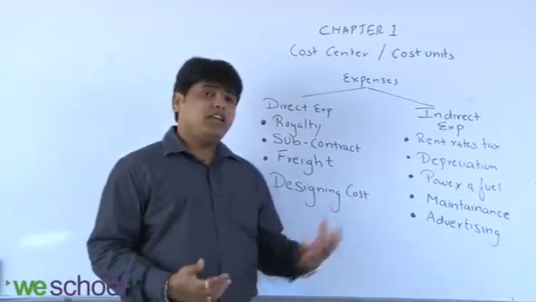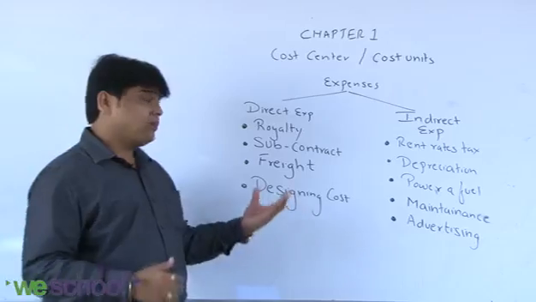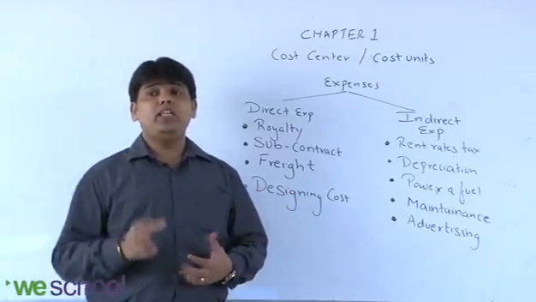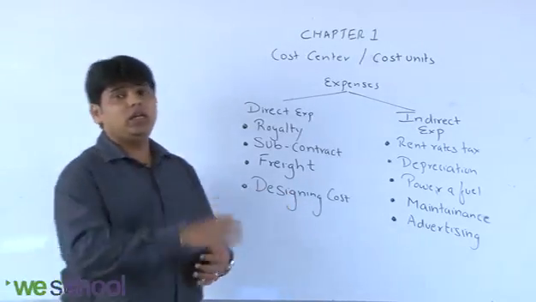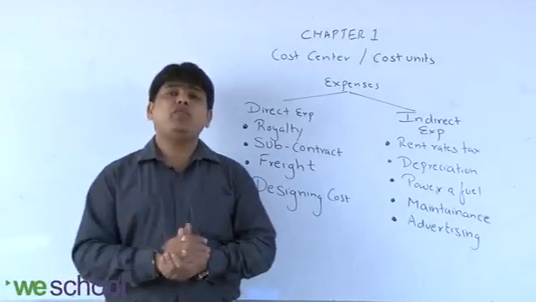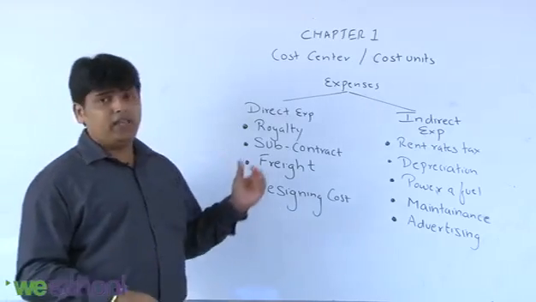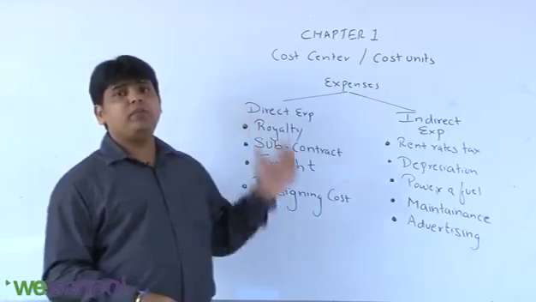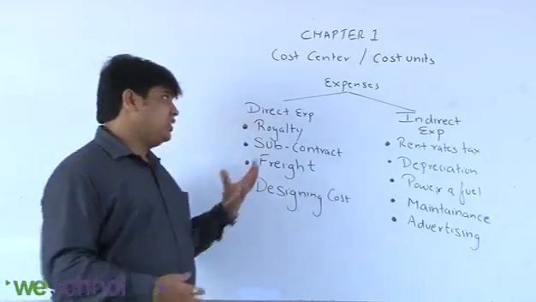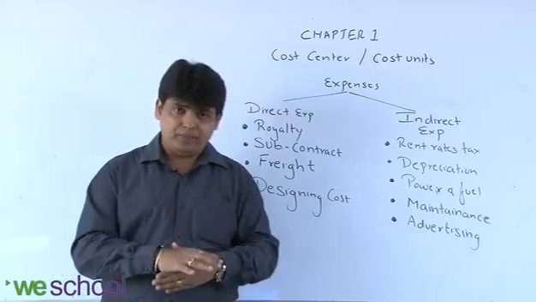If I say advertisement, they can be directly charged to the product, because they are direct cost. Maintenance, if I am talking about maintenance of machinery, they will be charged to the factory overheads, factory cost center. If I am talking about maintenance of computers, then they will be charged to the office overheads. Right? So in that way, office and administrative department or cost center.